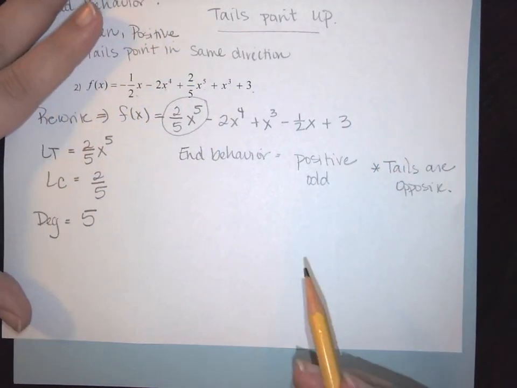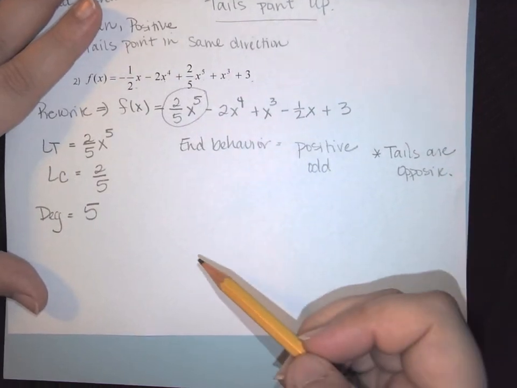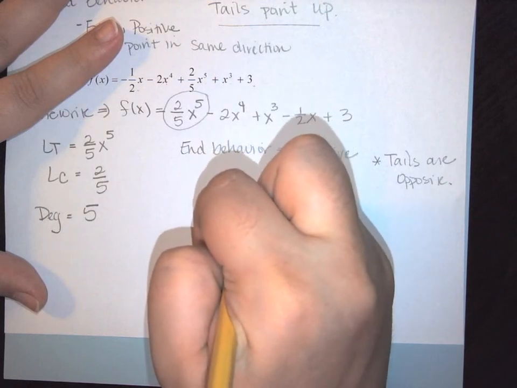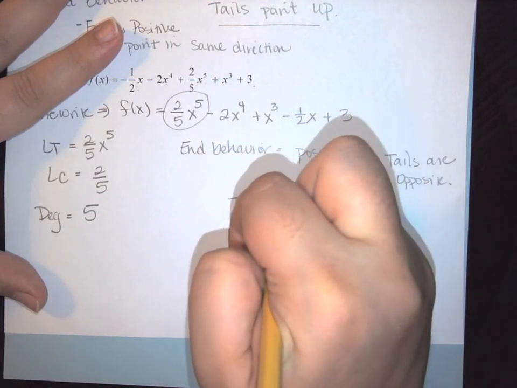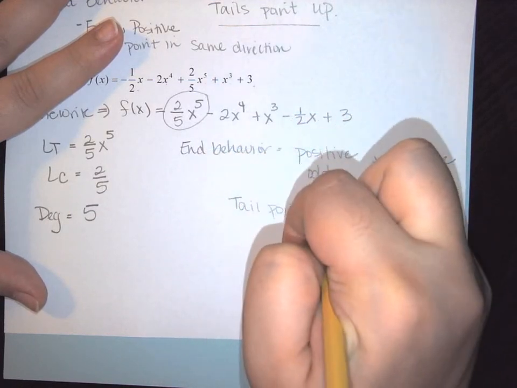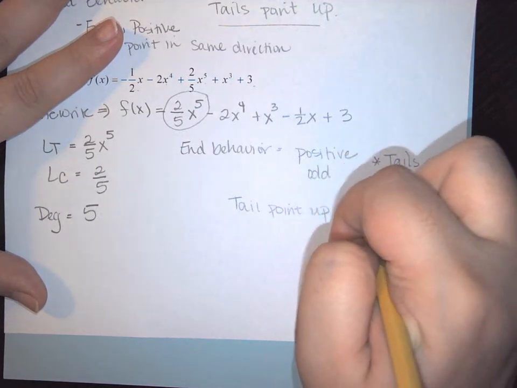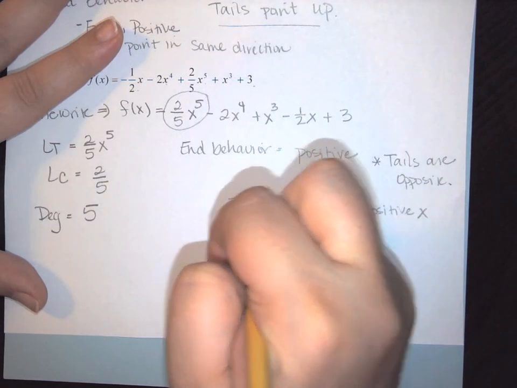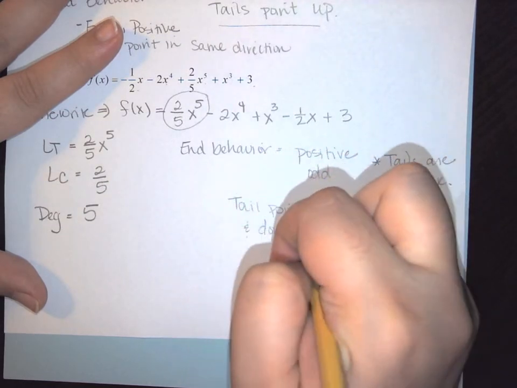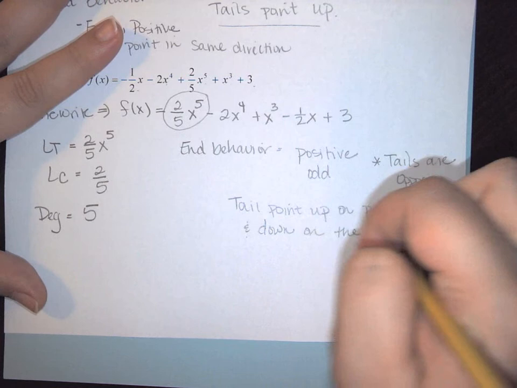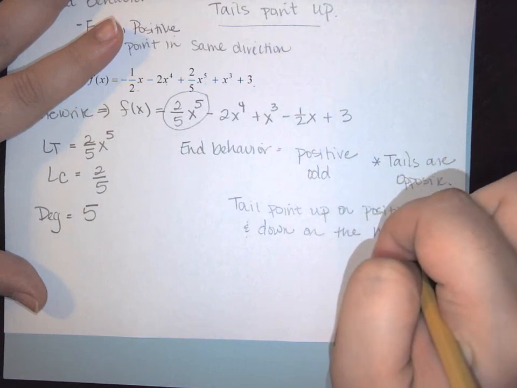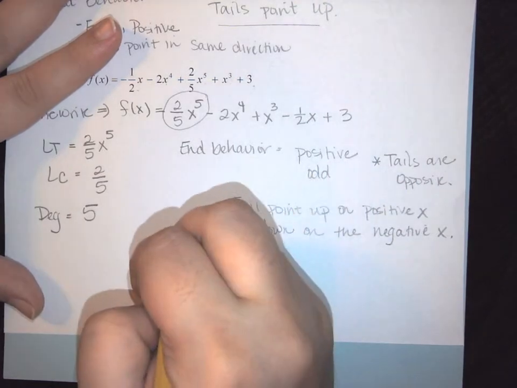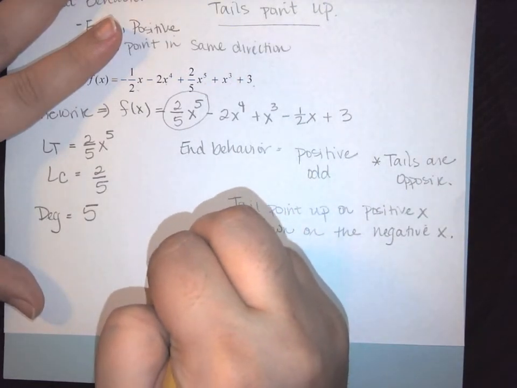So with that in mind, because I have positive odd, what that means is that my tails are going to point up on the positive x and down on the negative x. And then last but not least, we have to classify.